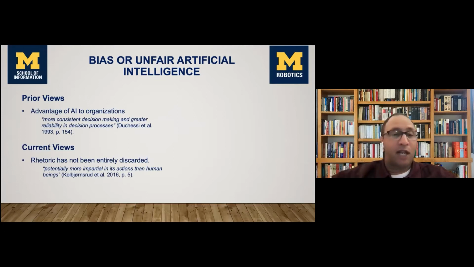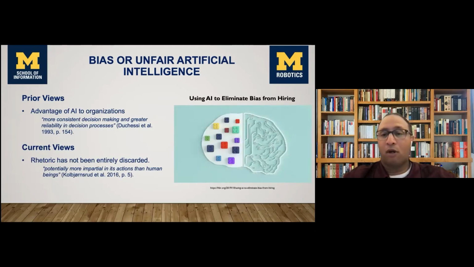Even recently, in 2016, articles were being published saying that we think AI can be much more impartial in its actions than human beings. There was a recent article in 2019 in the Harvard Business Review which proposed that AI could eliminate bias from the hiring process. So we actually thought and believed that the AI system would be the solution to bias.